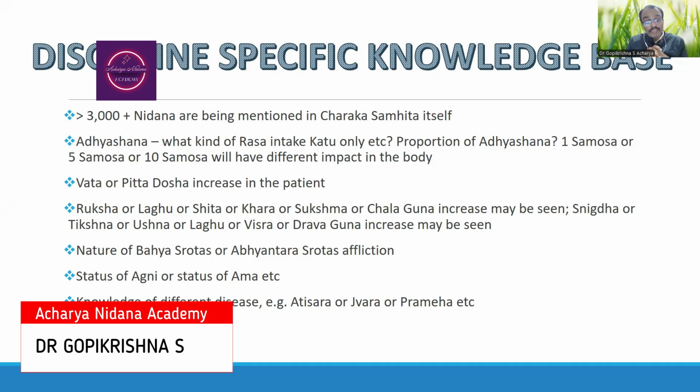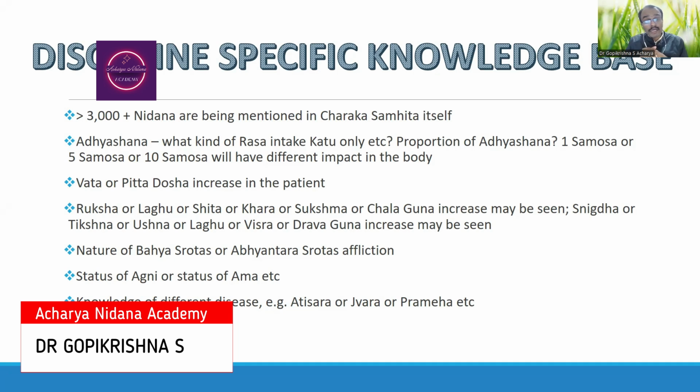Further, you need to know about the different diseases also. For example, Atisara, Gudena Atidrava Pravrittihi. That means the person will have excessive movement of liquid stools or unformed stools from the anus. That is what we call Atisara. Jara, the person will have the santapa of Deha and Manas itself.